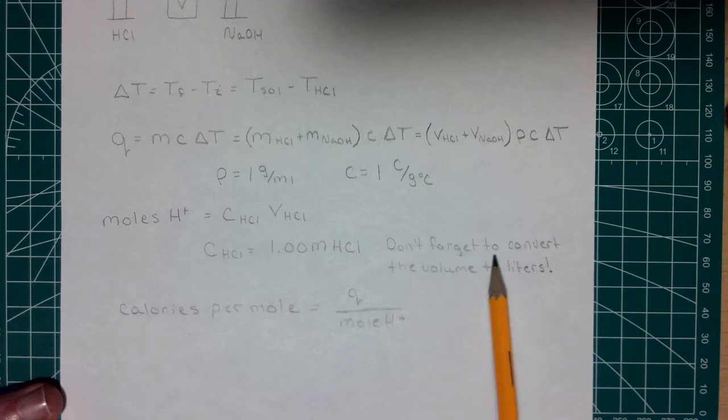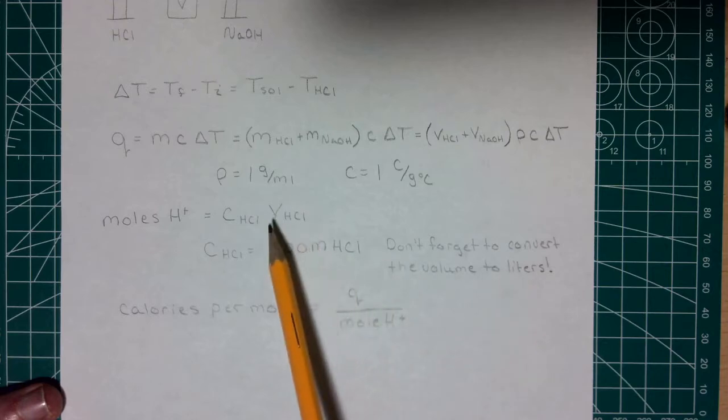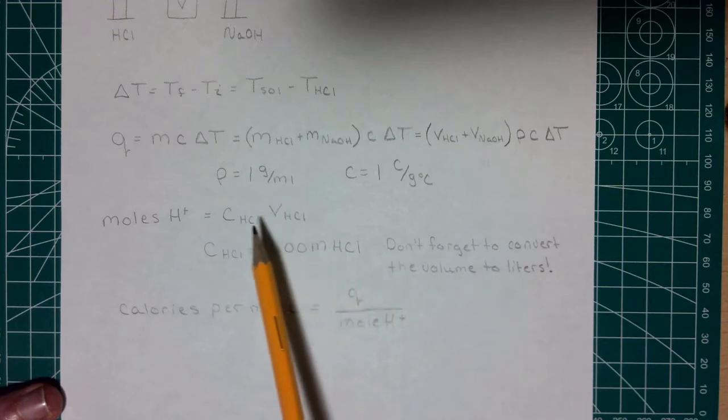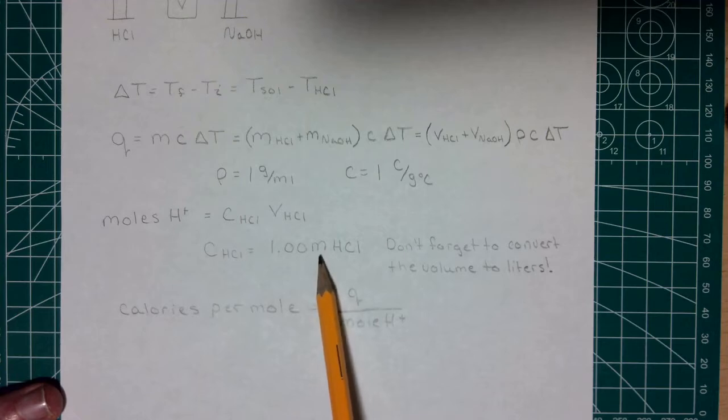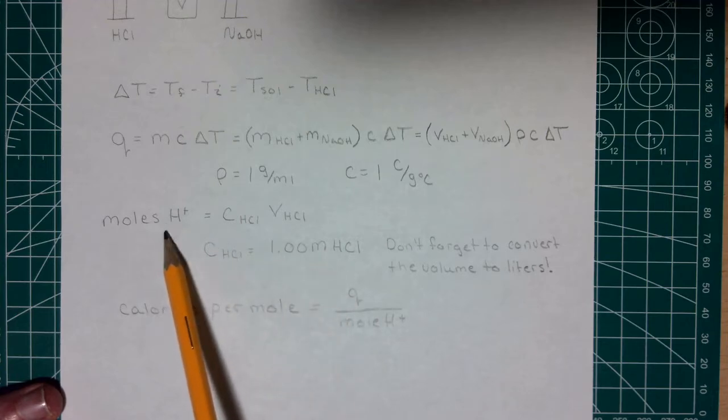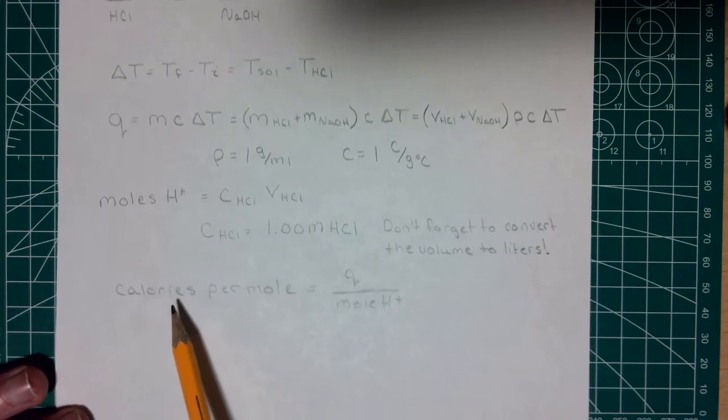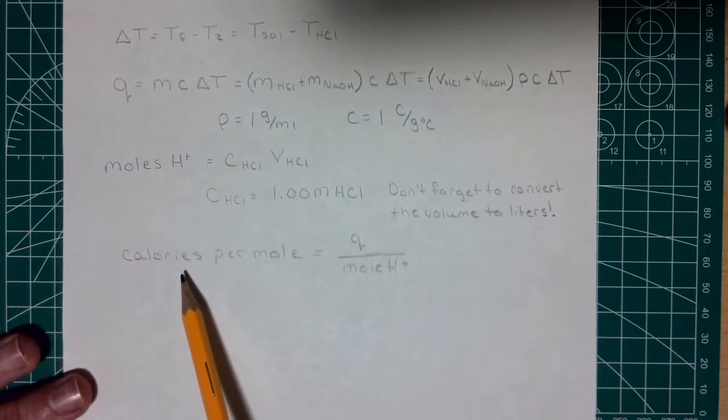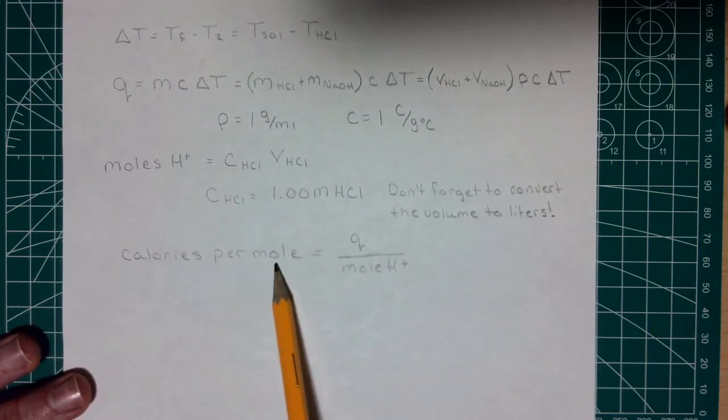Don't forget to convert the volume to liters. This volume here is going to have to be in liters, so that when you multiply it by molarity, you get out moles.